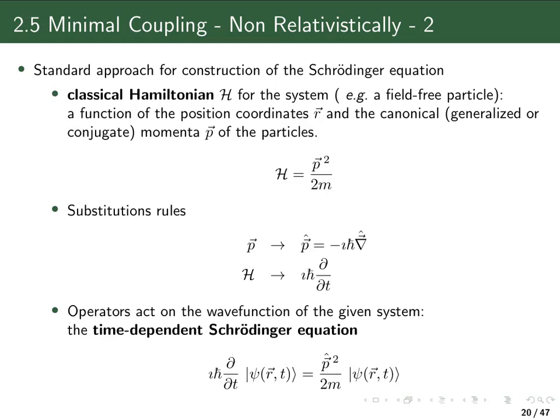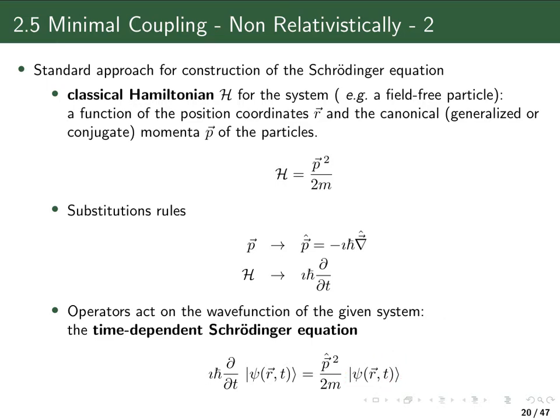And if one now lets both sides of this classical equation for the classical Hamiltonian function act on a wave function, then we actually arrive at the time-dependent Schrödinger equation, because on the left side we have now the Hamiltonian operator, which is i times h bar times the partial derivative with respect to time, acting on our wave function, which of course depends on the position of our particle and time. And on the right-hand side, we have the canonical momentum operator squared divided by 2 times the mass of the particle, acting on, again, the wave function of the particle.